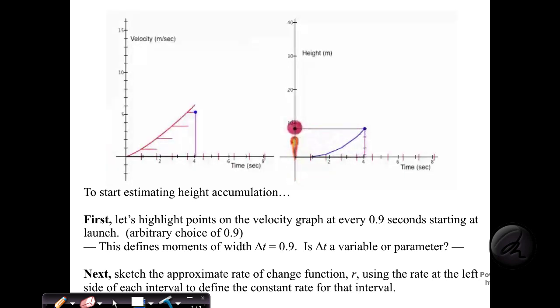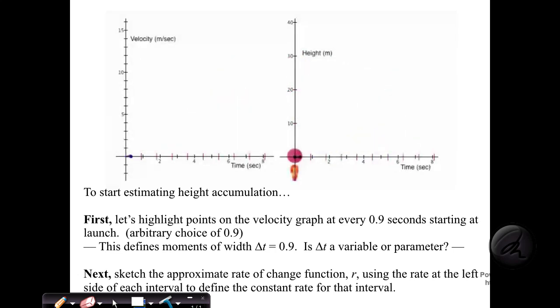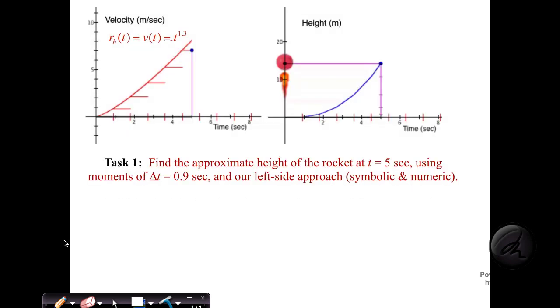I know dy equals m dx. That's a good tool to use. We can figure out what accumulation happens within each and every full interval or during any part of one of these little steps, because we have one constant rate that we're going to use instead of the curve that has a lot more different rates to it. So we're just going to pretend the curve doesn't exist and just use these steps as our rates instead, which doesn't look extremely accurate, but it's okay.